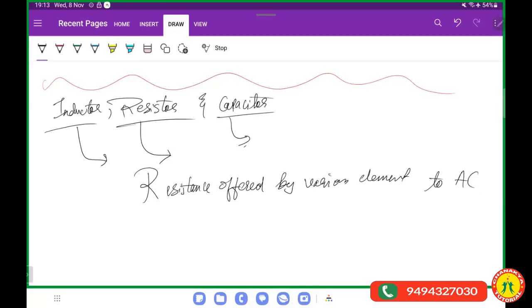If they're offering resistance, then we can call all three of them resistors, right? These are separate devices. Whenever we are calculating, we need to convert these into resistance. We cannot directly use those things. We need to convert each of them into resistance. Whatever is offering resistance, that thing only we will identify and use as a resistor, I mean resistance.